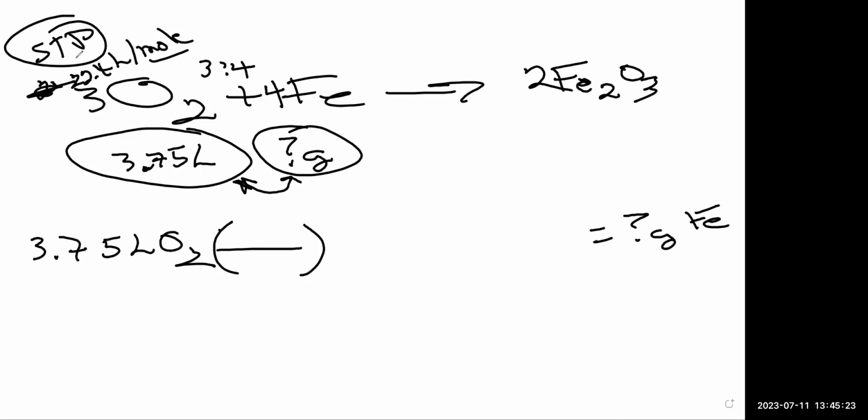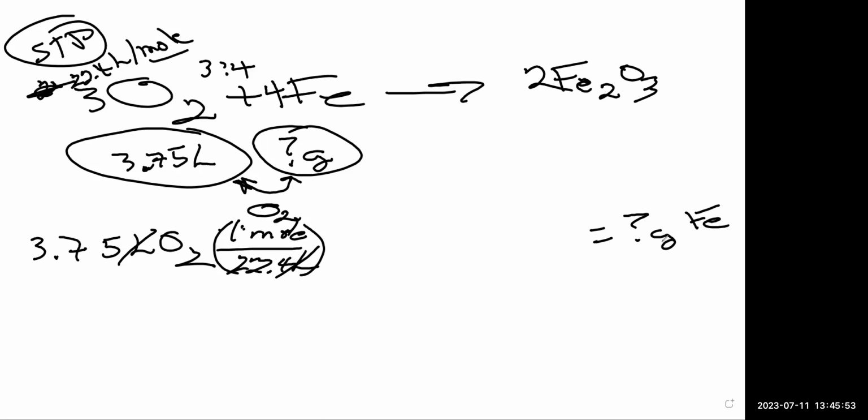Since we are at STP, we can use the relationship that 1 mole of oxygen gas has a volume of 22.4 liters. Notice that our liters cancel out. At this point, if you did the calculation, you would know how many moles of oxygen you would have. But we're not where we need to be.